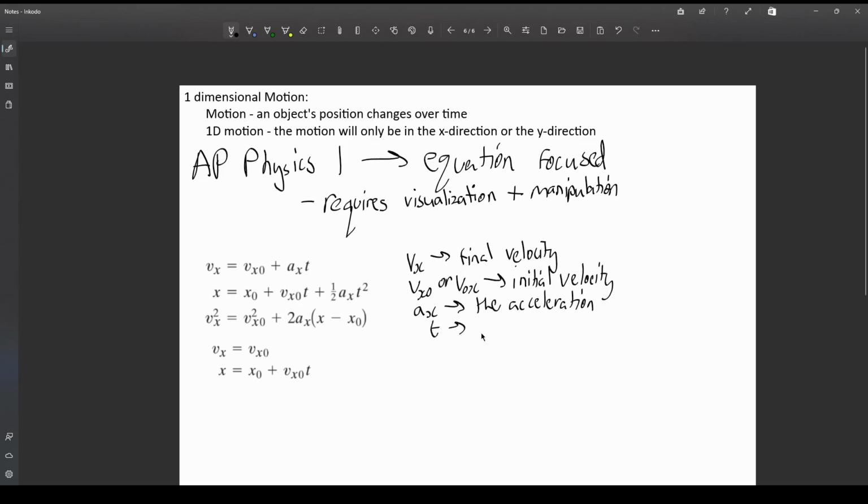T is time. And then x is final position. And then x naught is initial position.